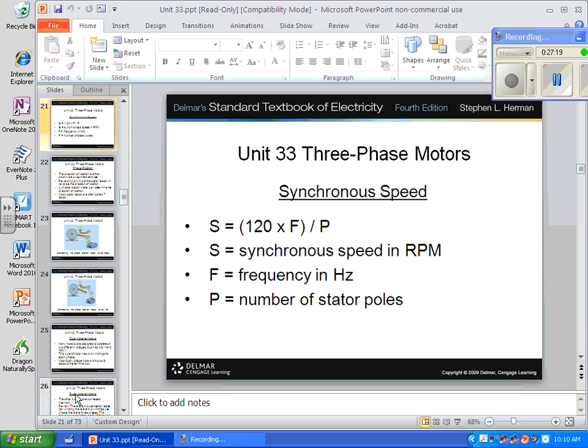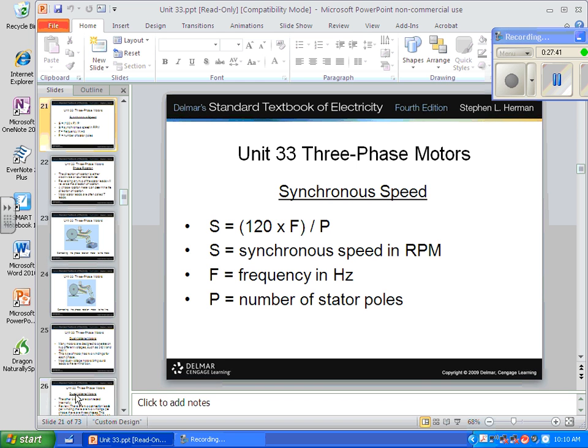And this is the formula, and you're going to have to remember this. The speed of the synchronous motor, rotational speed, is 120 times the frequency divided by the pairs of poles. So if it's a 2-pole motor, that means it's got 2 pairs of poles. It's got 2 north and 2 south.